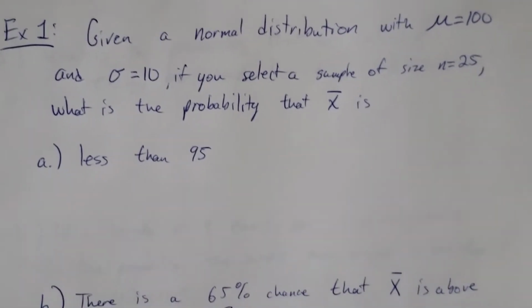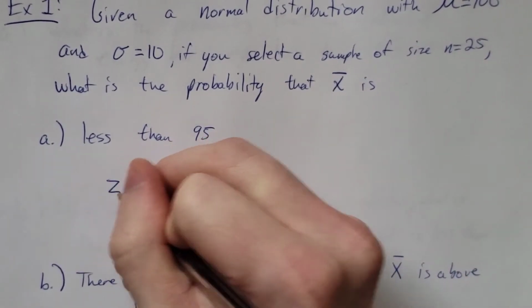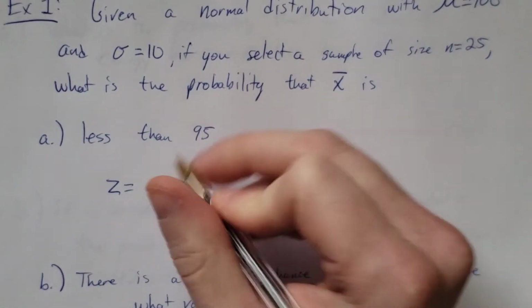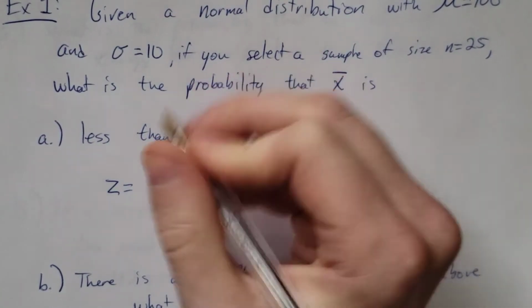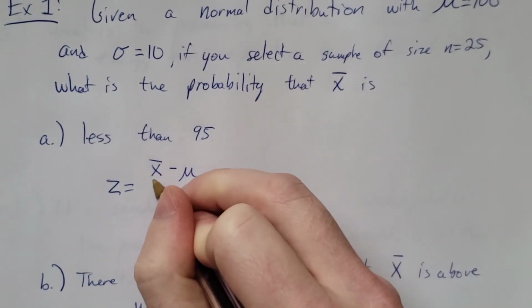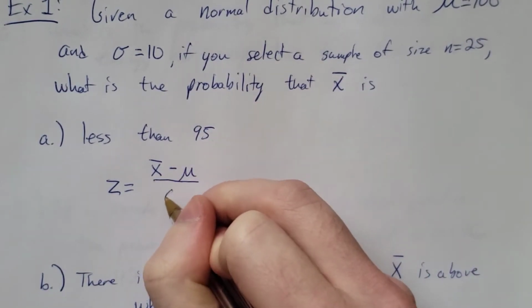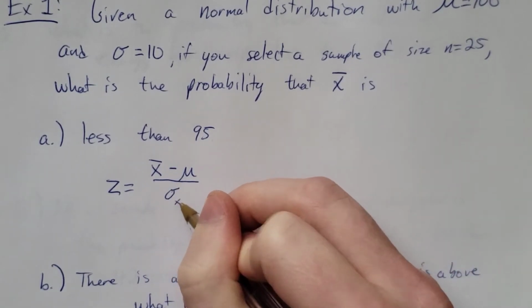Well, to do that, we use our formula. Our z-score is equal to the sample mean minus our population mean divided by the standard deviation of our sample.